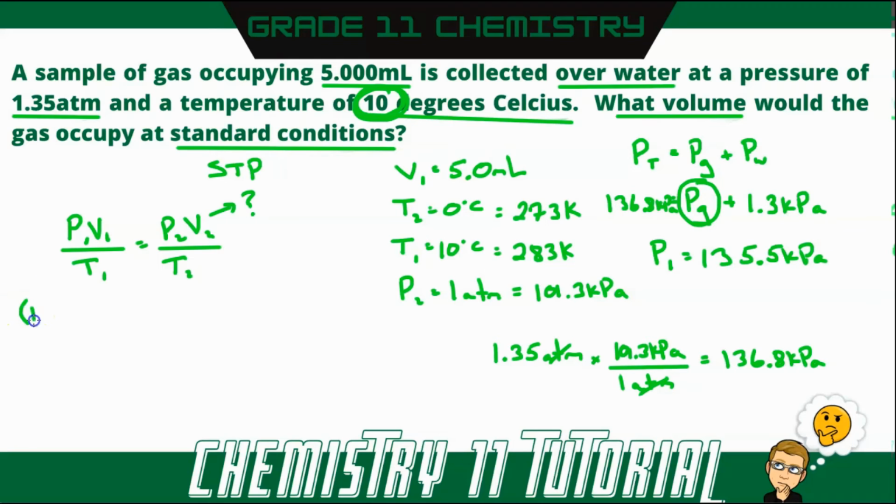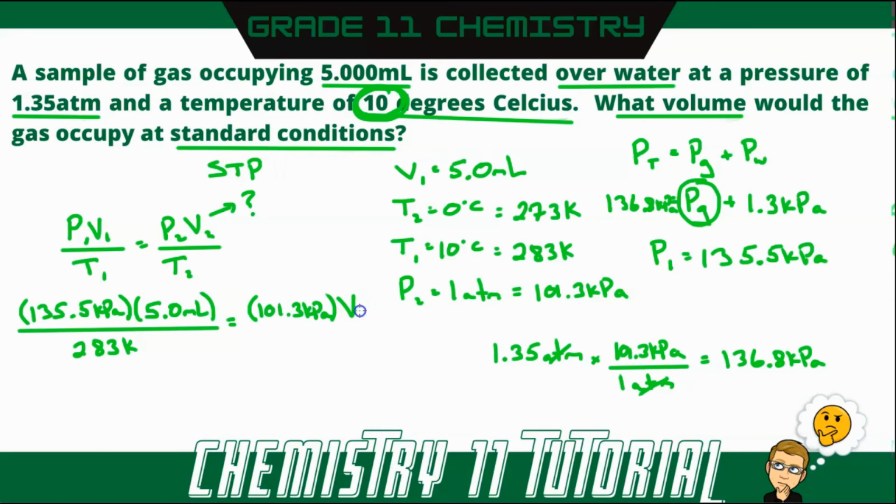So P1 is 135.5 kilopascals times volume 1, which is 5 milliliters, all divided by temperature 1, which we have as 283 Kelvin, and that equals pressure 2, which is 101.3 kPa, multiplied by that V2 that we're looking for, and divide by T2, which is 273 Kelvin.